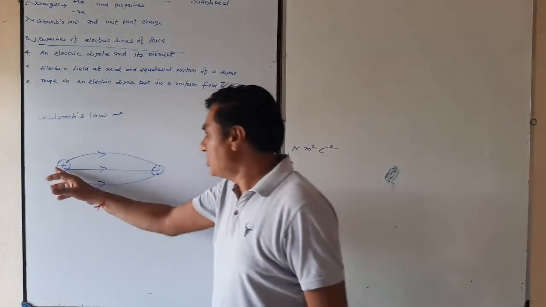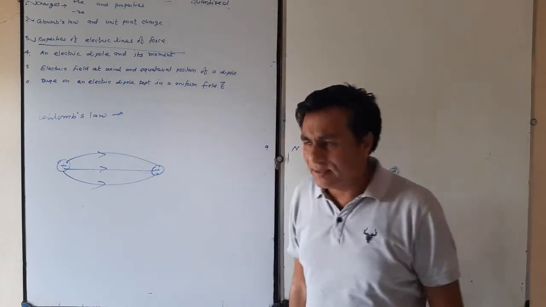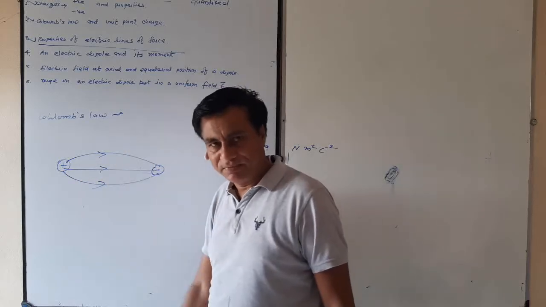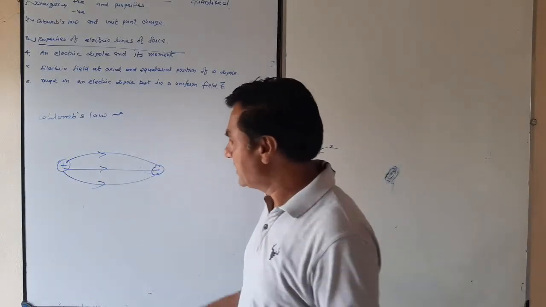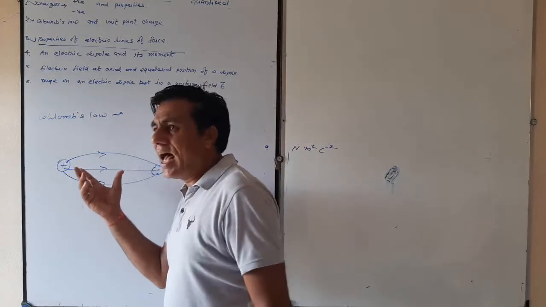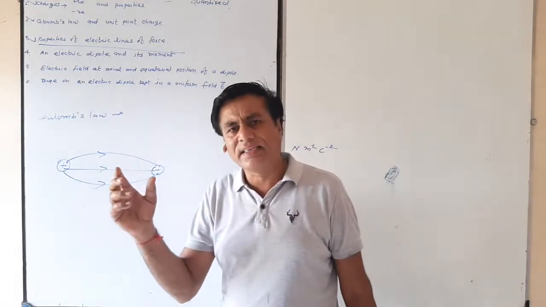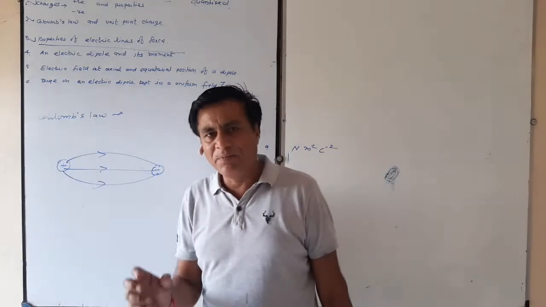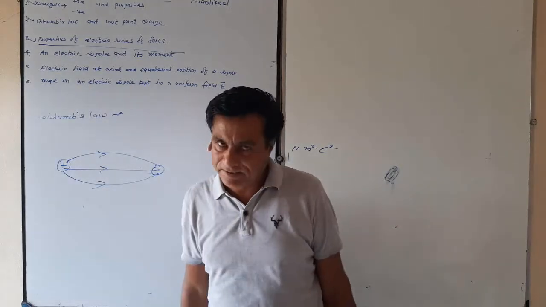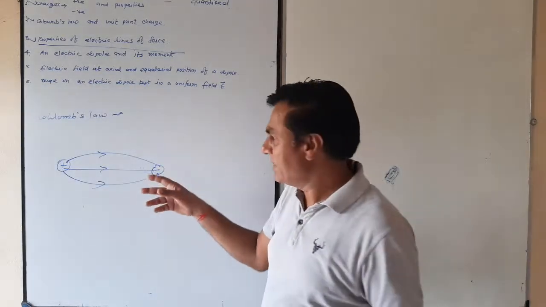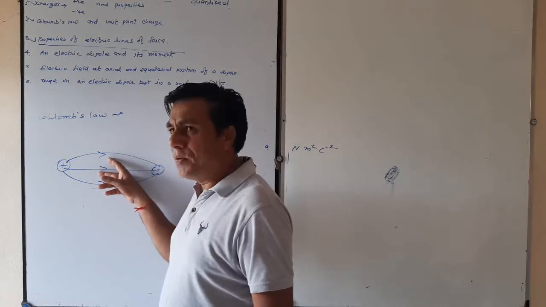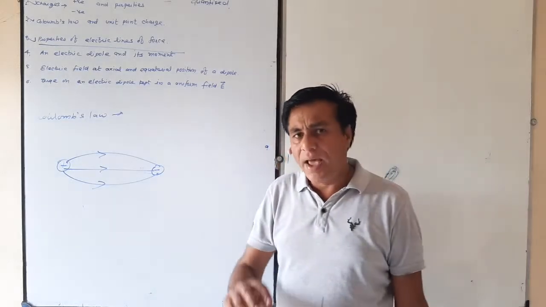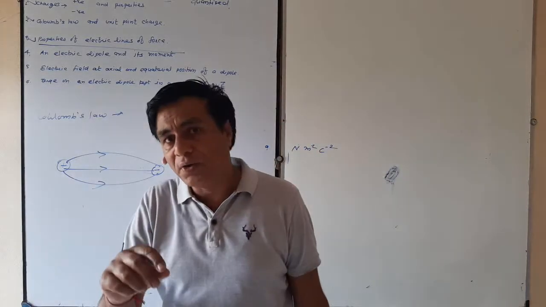If both charges are in the space, lines start from the positive charge and end at the negative charge. Next property: these lines try to contract longitudinally along their lengths, so unlike charges attract each other. Another property: if the lines of force are parallel, moving in the same direction, they repel each other perpendicular to their length.